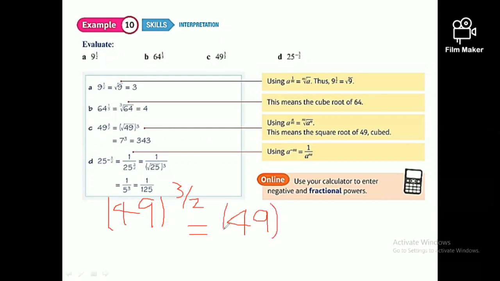You can use the denominator and write it as 1 over 2. Then you can put the power at top as a power. So that is a simple answer.